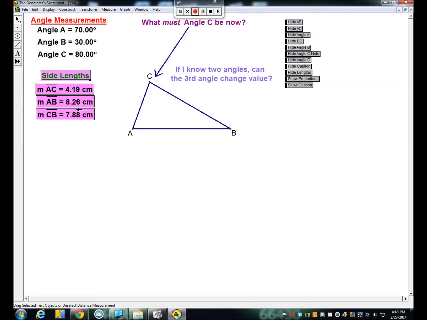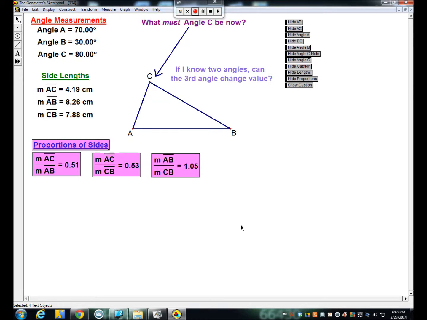Now, here are the 3 side lengths of triangle ABC, and here are the proportions of the sides. Typically you're not just focusing on one triangle, you're focusing on multiple triangles, but I can show you that the proportions aren't going to change even though I change the appearance of this triangle.